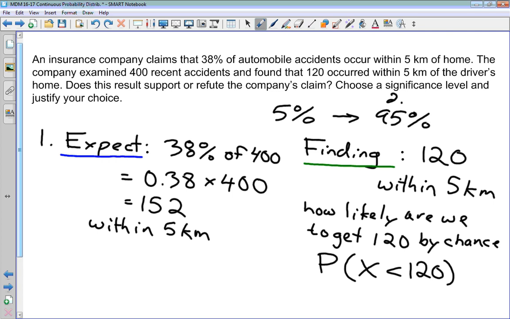So if our threshold for our results being significant is that they have to be lower than 5%, we will be 95% sure that our results are significant if we use this level. So we'll say that this is 95% confident.